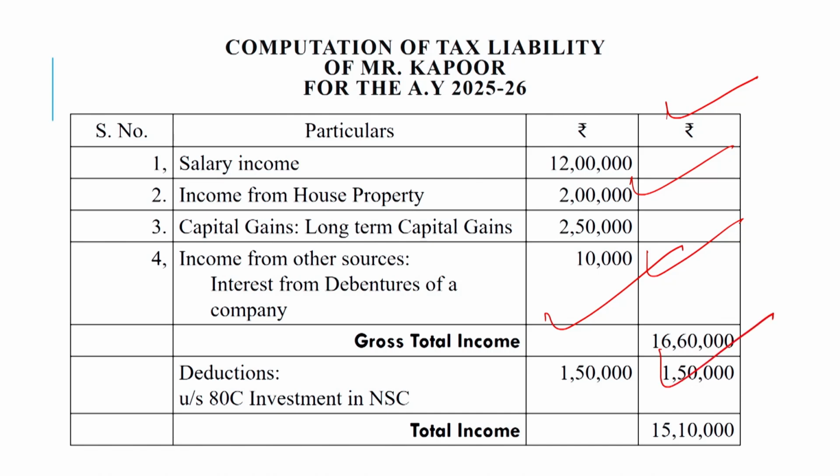Out of this, deduction from 80C to 80U, under 80C the NSC investment, will be deducted. Then the resulting figure will be treated as total income, which is arrived after the deduction. Total income is defined under section 2 subsection 45 of Income Tax Act 1961.